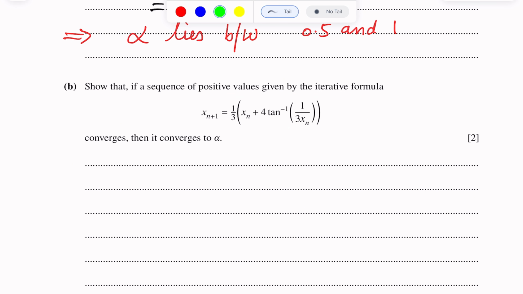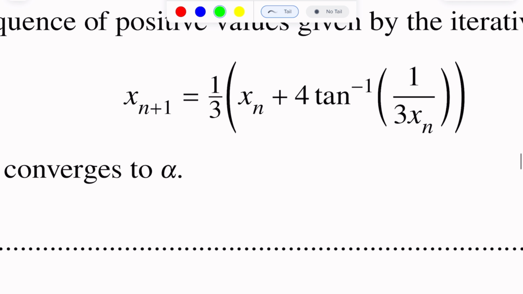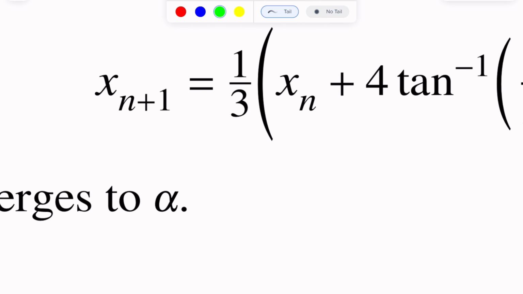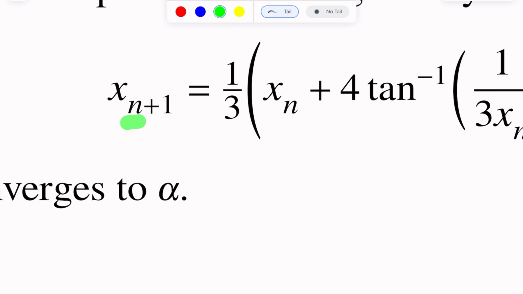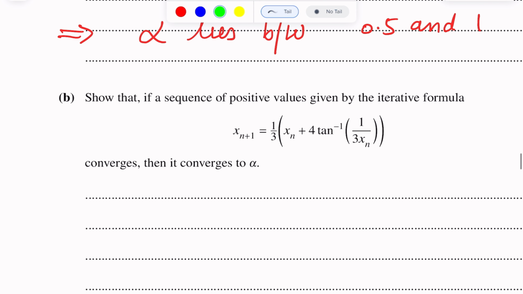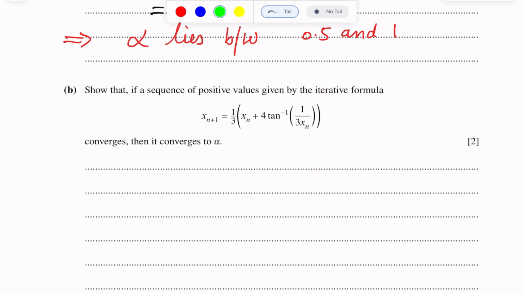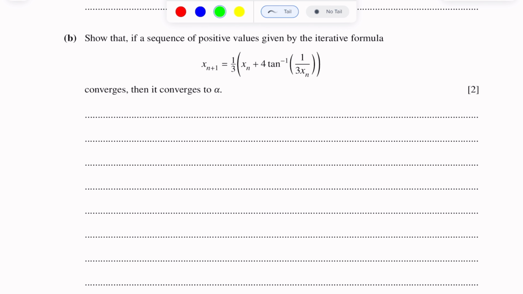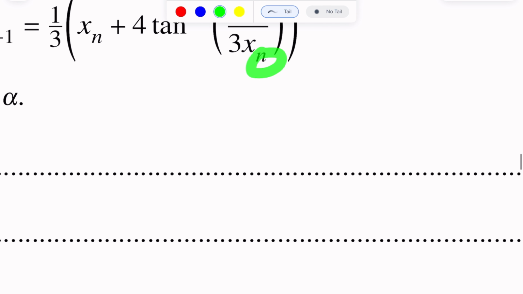First of all, we remove the subscripts at the bottom of x, the n or n plus 1. First we remove these subscripts, then we will rearrange. We can write this formula by removing these n's.